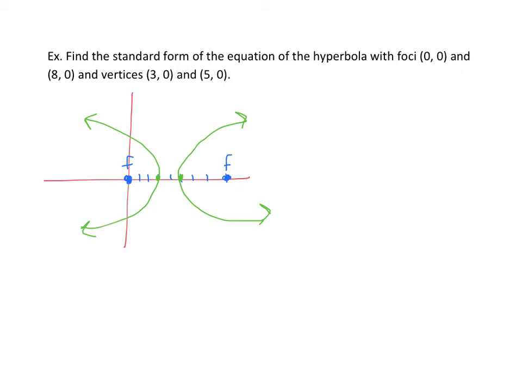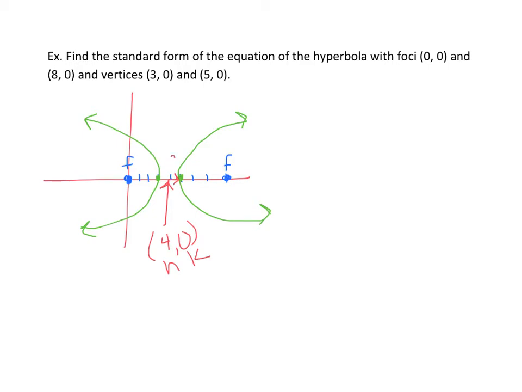I've got to know h, k, a, and b. So I look at my center, which is going to be right here. So what's that going to be? (4, 0). So there's my h and there's my k. My a is my distance from my center to my vertices.